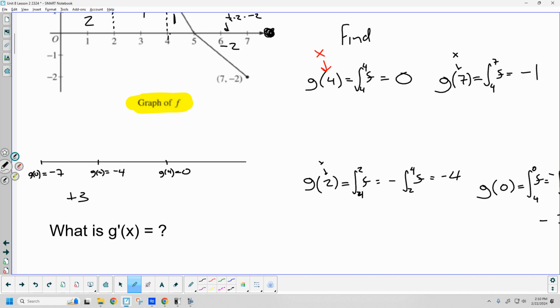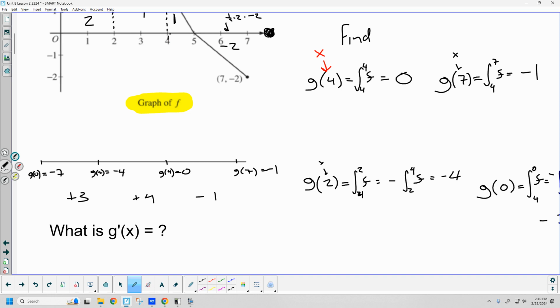How do I get from negative 4 to 0? I add 4. I could probably include 5 or whatever. G of 7, I found, was negative 1. How do I get from 0 to negative 1? Overall, I subtract 1.